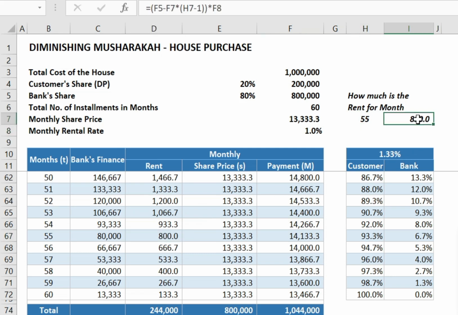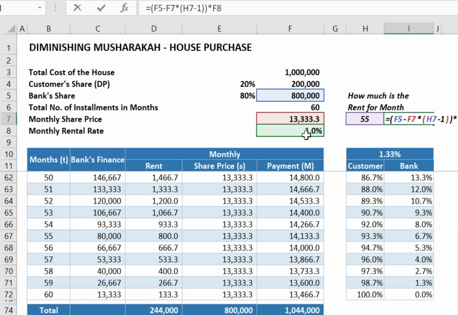So this formula is simply determined by the bank share of 800,000 minus the monthly share price of 13,333.3 multiplied by the value here. For instance, month 55, then minus 1, in open and close parentheses, then multiplied by the monthly rate.